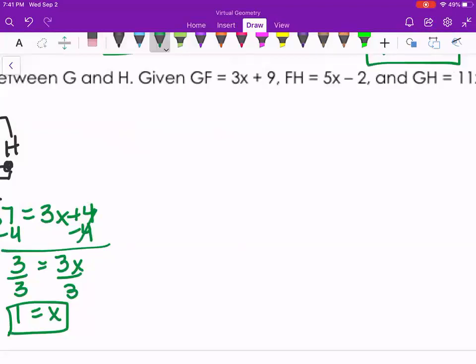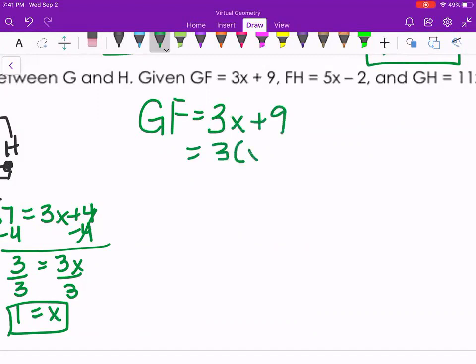So let's see what we need. The first one we need is GF, which is 3x plus 9. Let's plug in our 1, and then add 9 to that. So 3 times 1 is 3, plus 9, a 12.